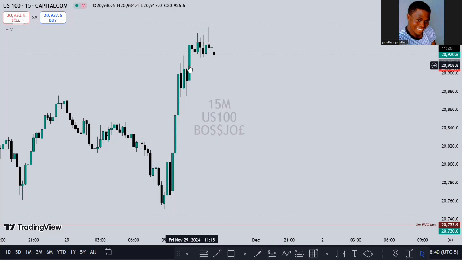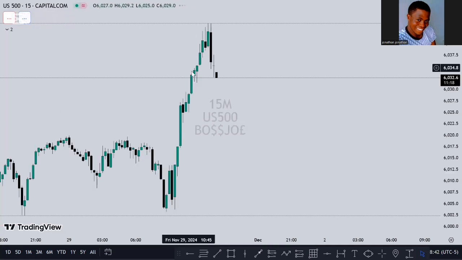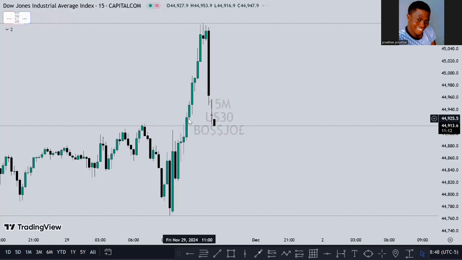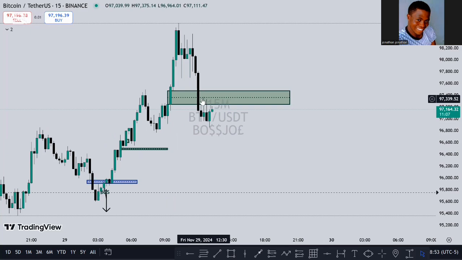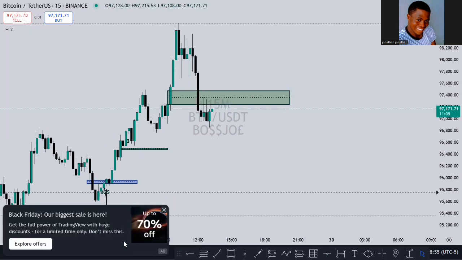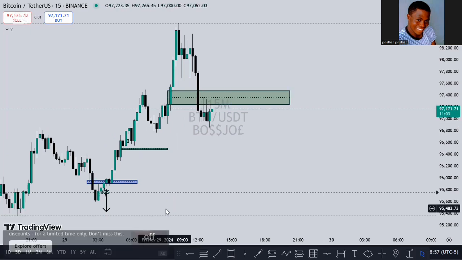This is NASDAQ. That was BTC. This is BTC, sorry. So this gap is very, very important to me as a trader.